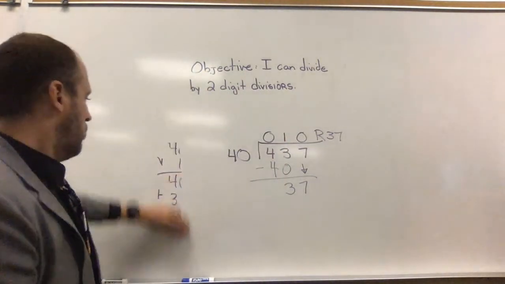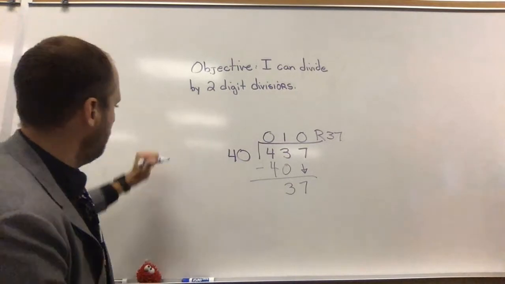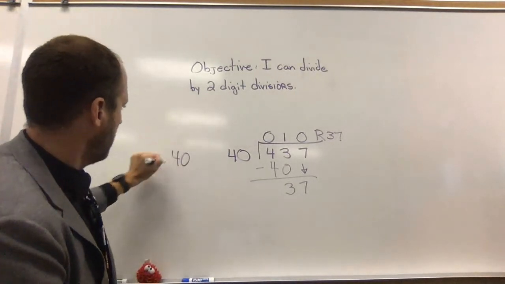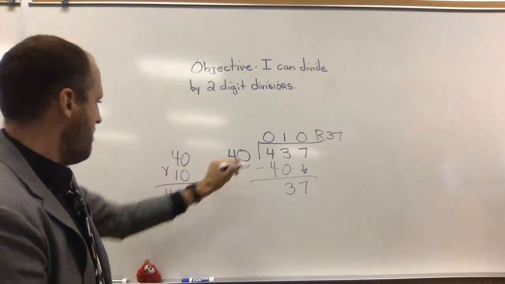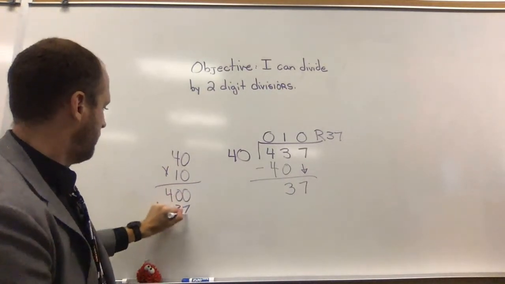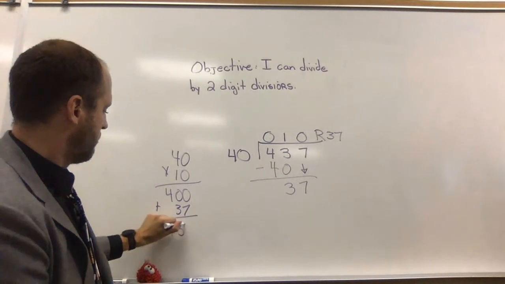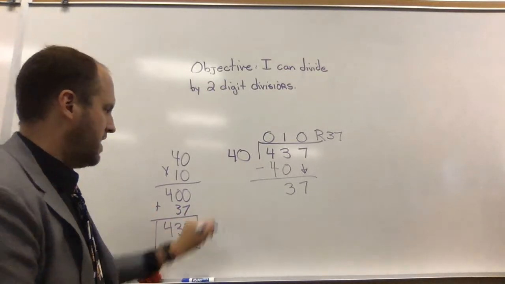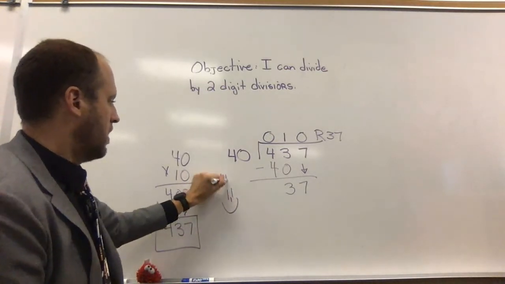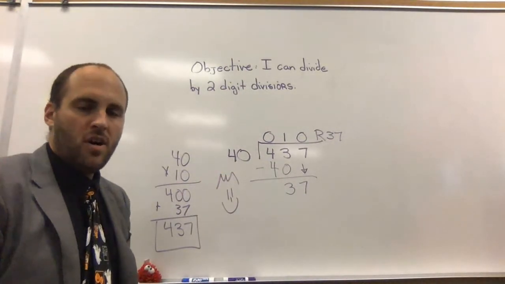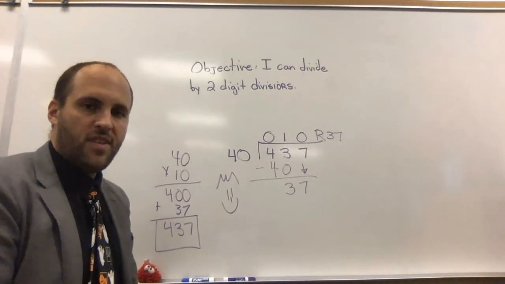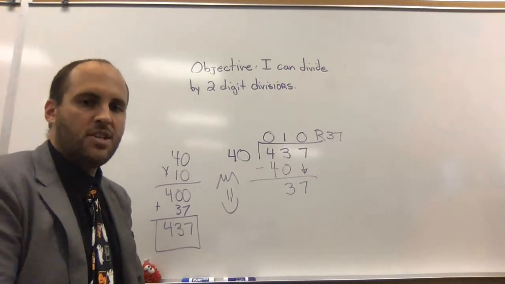But if you multiply your quotient with the 10, 40 times 10, that gives you 400. And then when you add the 37, it then gets you 437. So, friends, this was 2-digit division, 3 by 2, and 2 by 2.